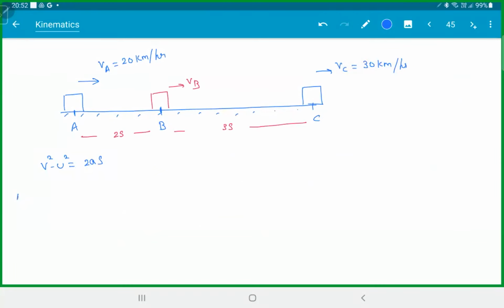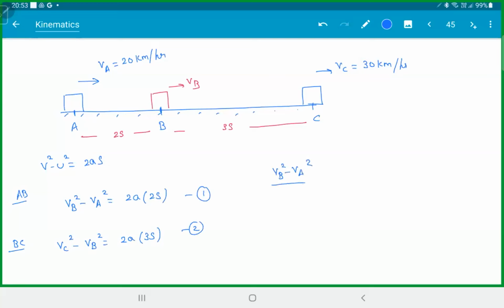So when you go from A to B, B is final, whereas A is initial. That would be VB square minus VA square equals 2a·2s. And when you go from B to C, VC square minus VB square will be 2a·3s. Equation 1 and equation 2, divide them. You end up with VB square minus VA square by VC square minus VB square in the ratio of 2:3.